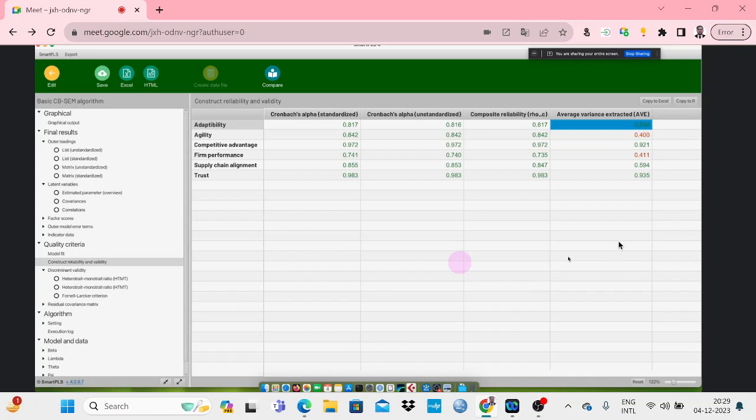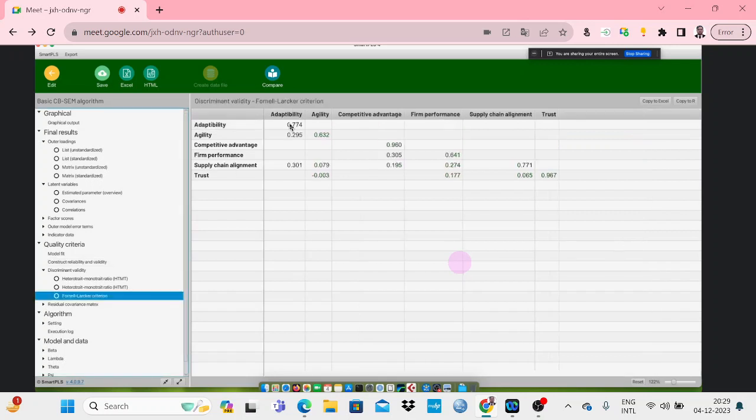We take its square root and put it here. In this column, for all other variables, the highest value is 0.744. The other values are 0.2 and 0.3, which are lower. That means we have established discriminant validity using the Fornell-Larcker criterion. Similarly, we do this for agility, competitive advantage, firm performance, for every construct.